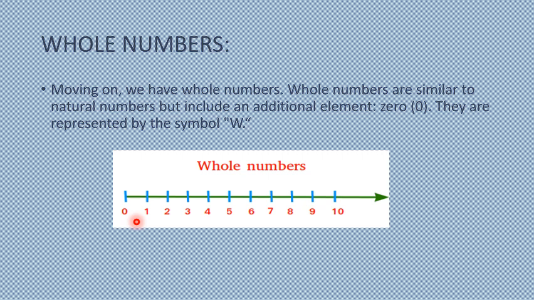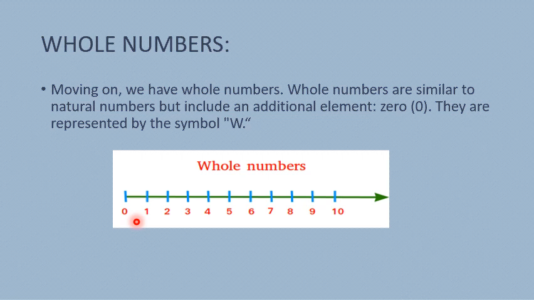Similarly, if you look at whole numbers, what is the use of them? Why learn about whole numbers? We can simply say 1, 2, 3, 4, 5, 6, 7. That's it. So why is there a need to know the whole numbers? Whole numbers are used in situations where we need to represent the absence of something.